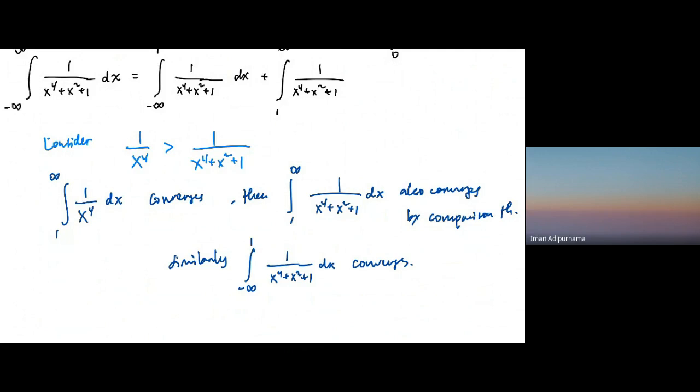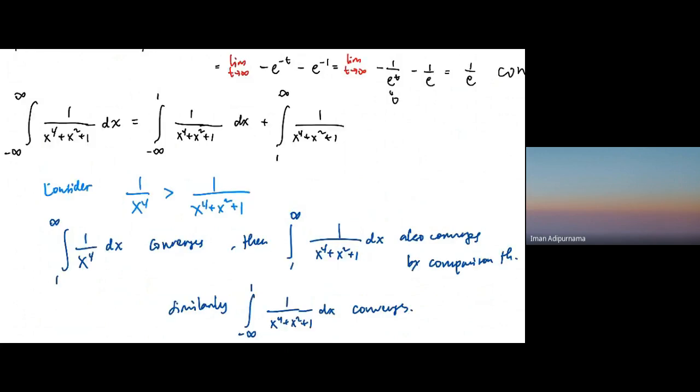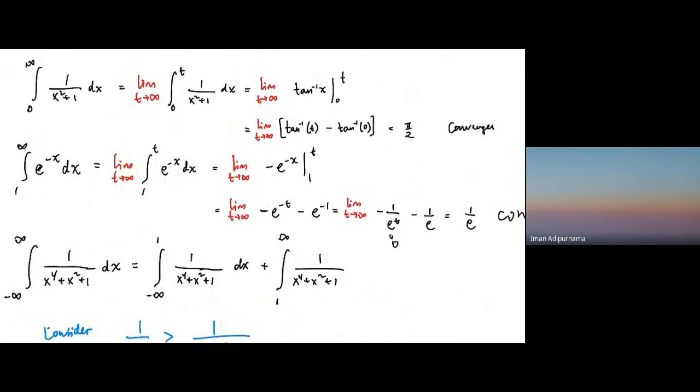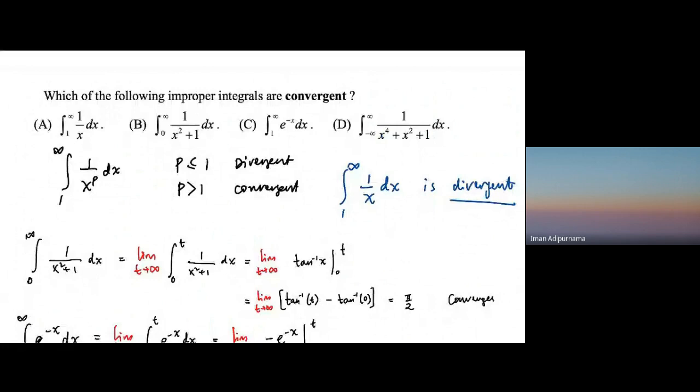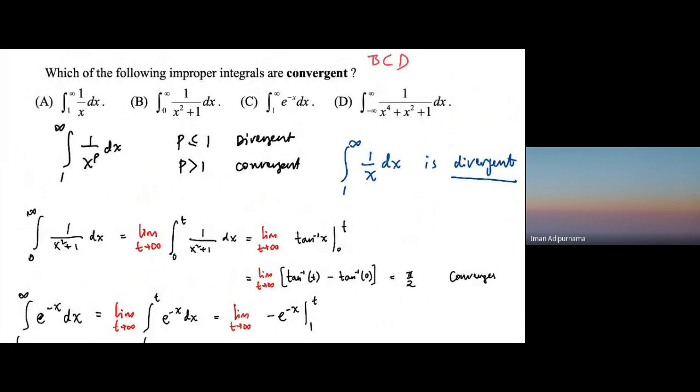So B, C, and D are all converged. If the question is which of the following is divergent, so just A, right? The convergent ones are B, C, and D.